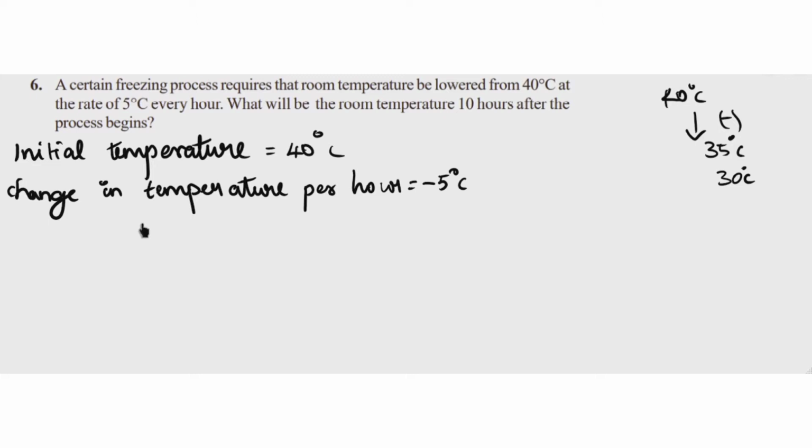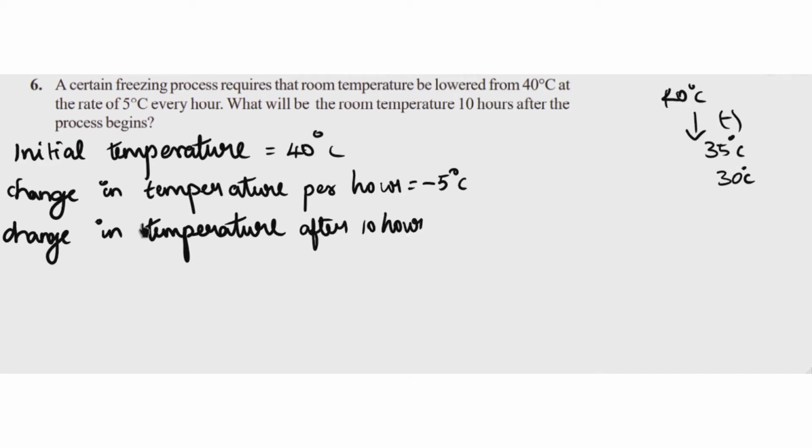What they are asking is, what will be the room temperature 10 hours after the process begins? So change in temperature after 10 hours, which is nothing but we have to multiply.